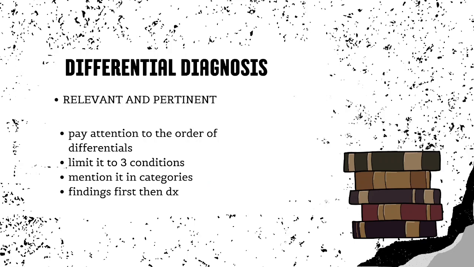The preferred way of offering your differentials is summarizing the positive findings and then mentioning the differential, as opposed to saying the diagnosis that you think it is first. Sometimes what happens is, while you're communicating out loud to the examiner the findings that you have found, it just at that moment clicks what the right diagnosis could be. So do not rush into telling the diagnosis first.